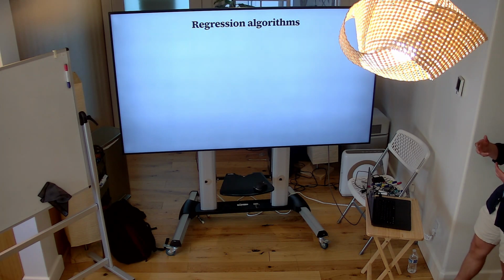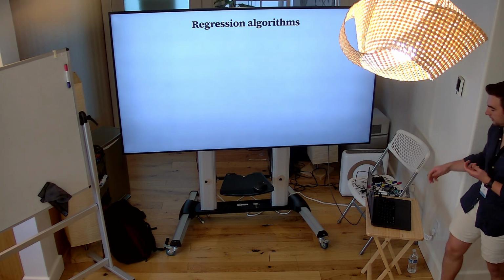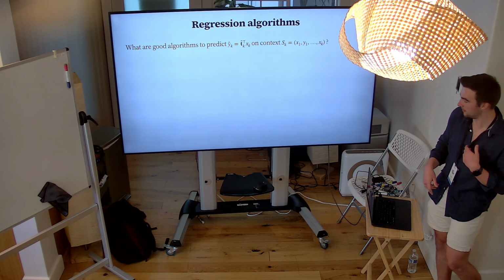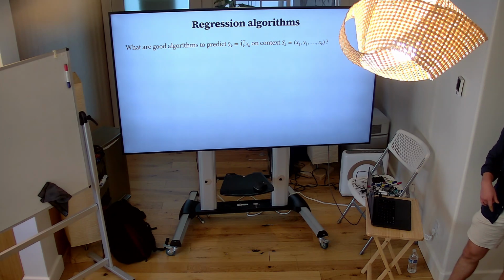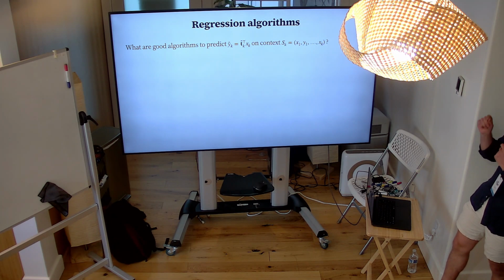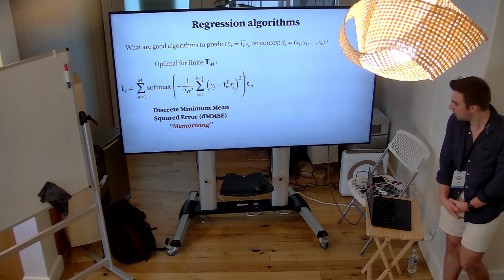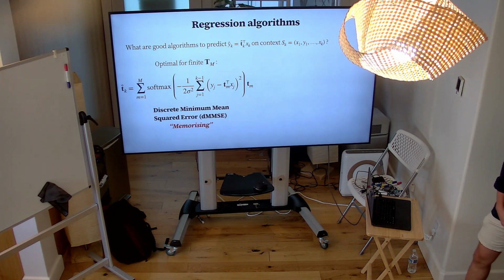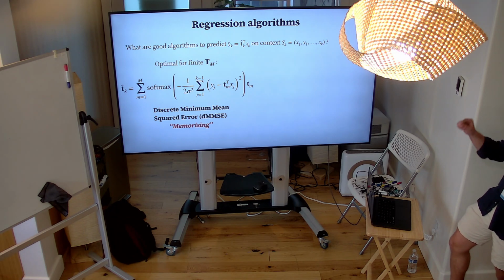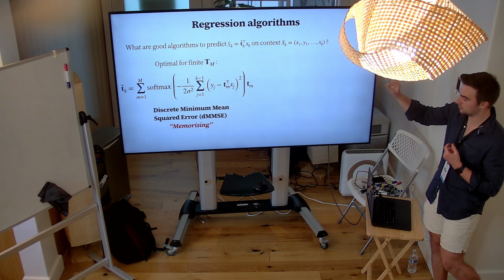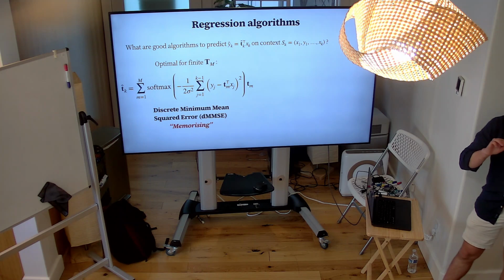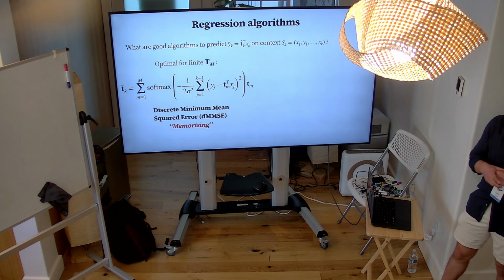So this is kind of the intuition for two different regression algorithms that one can prove are Bayesian optimal in the finite case and in the infinite case. When the underlying task distribution is finite, then the discrete minimum mean squared error estimator is shown to be Bayesian optimal. This is shown in the Raventós paper.